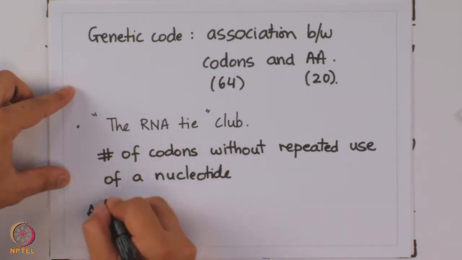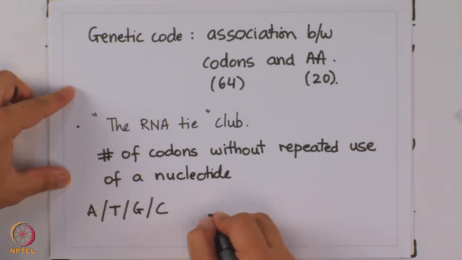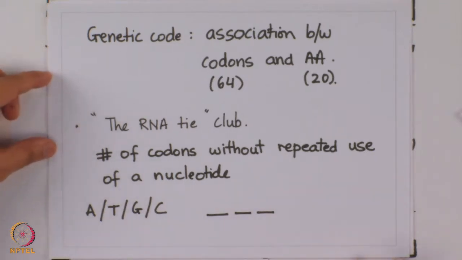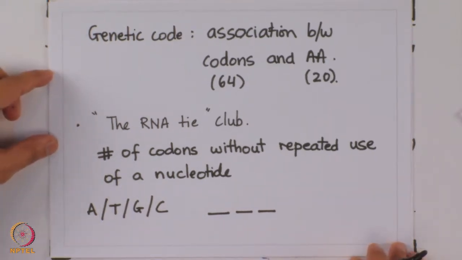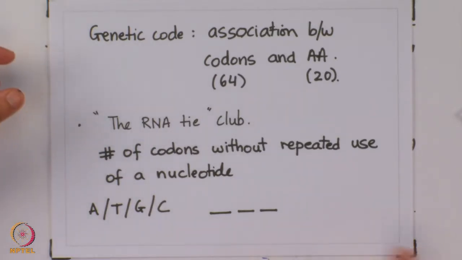So our monomers are A, T, G and C, and we are interested in forming a codon, but repeated use this time is not allowed, which was one of the approaches that people in the RNA Tie Club thought would lead them to the answer towards the genetic code. So the first position, we could have any one of the 4 nucleotides, so we have 4 options.